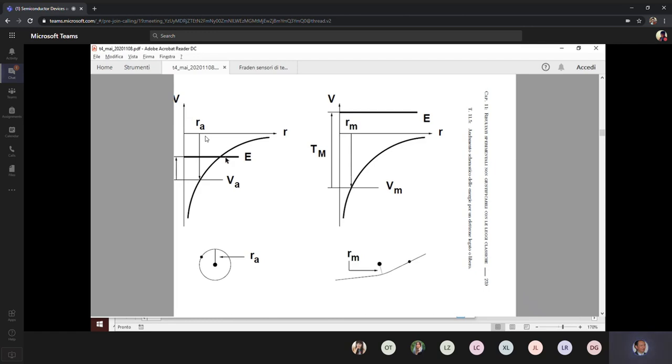If we go to the right, in this case, we have that the total energy is smaller than the potential energy, so that the kinetic energy would be negative. Okay?